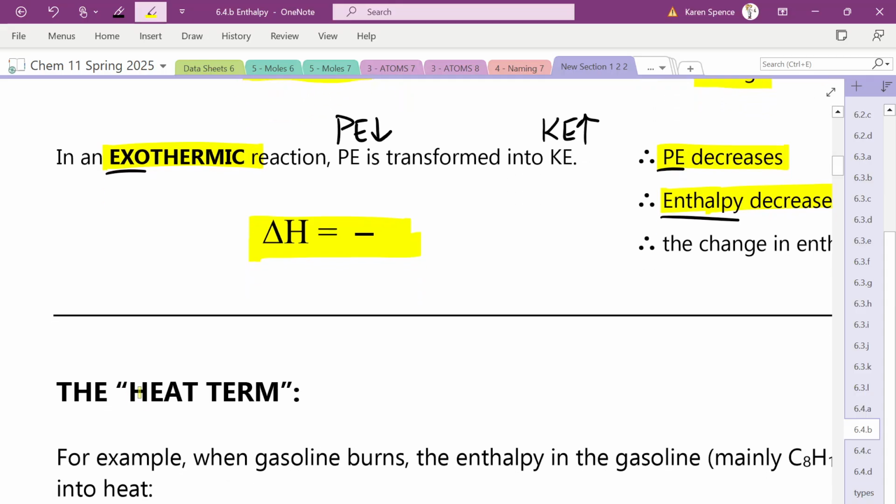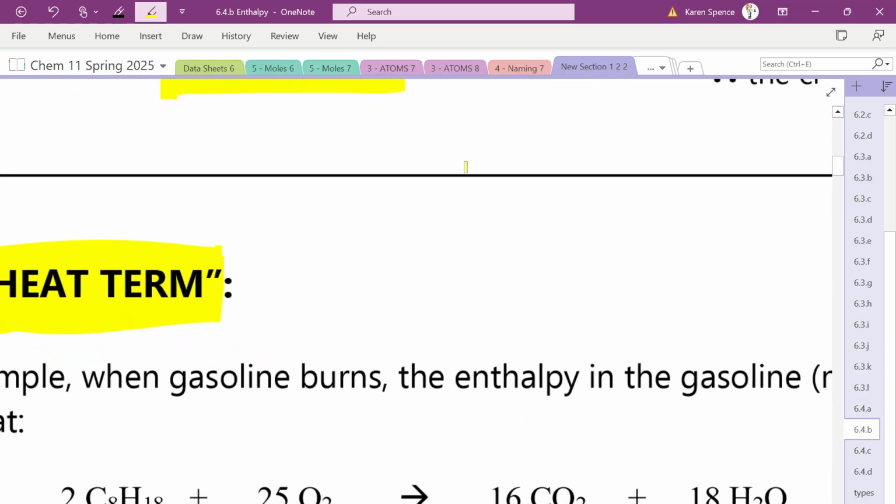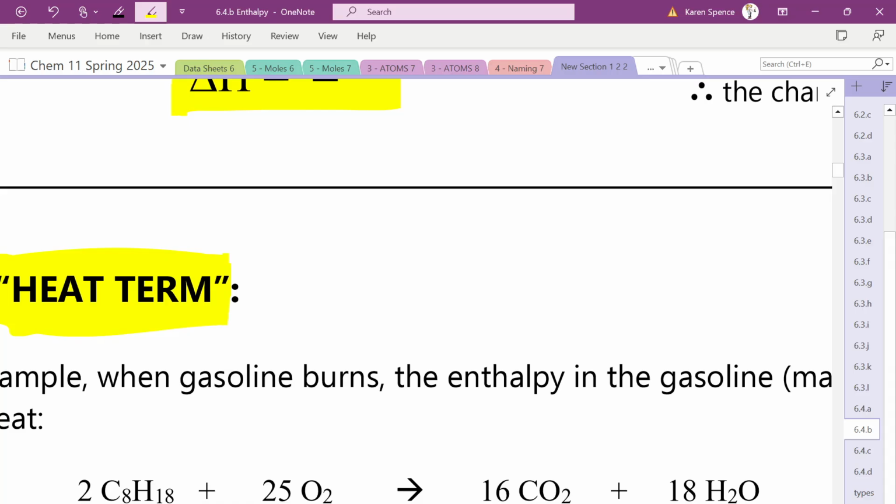So we're going to take a look at what we mean by the heat term, because you'll often hear things referred to as the heat term. If we have some gasoline and it burns, what type of reaction is it if gasoline is burning? That is combustion.